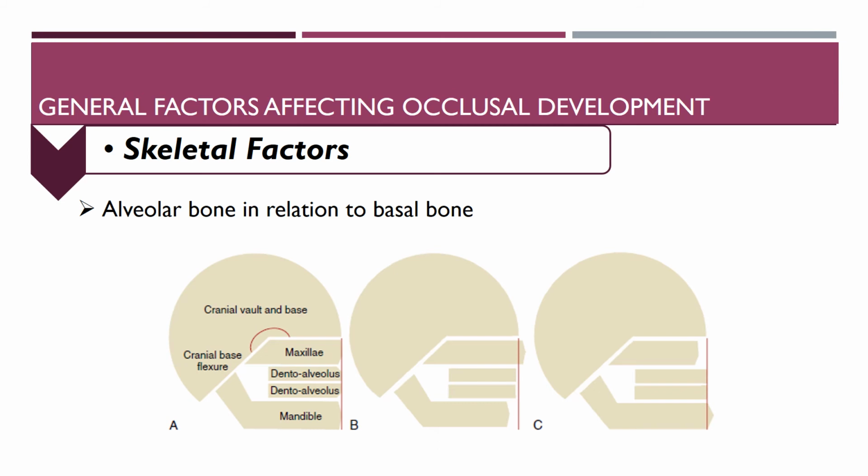Also, we can see there could be a normal relationship of upper and lower alveolar bone. This is named a compensation for the underlying malocclusion and abnormal skeletal pattern. So, therefore, the alveolar bone, as it supports the teeth, will match tooth position rather than basal bone position.